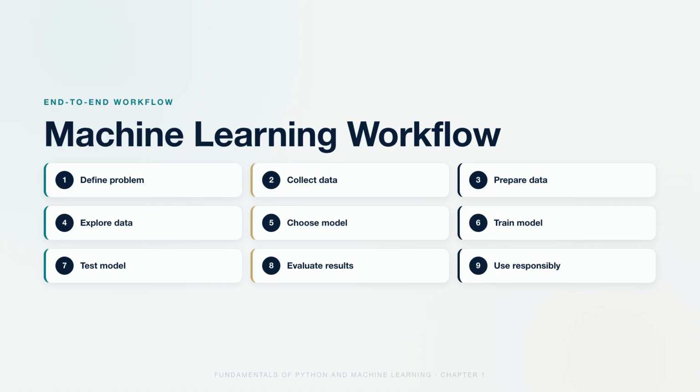Fourth, explore the data. We use summaries and visualizations to understand the patterns and possible issues. Then we choose a model, train the model, test the model, evaluate the results, and use the model responsibly. This workflow is important because machine learning is not just running an algorithm, it's a process.